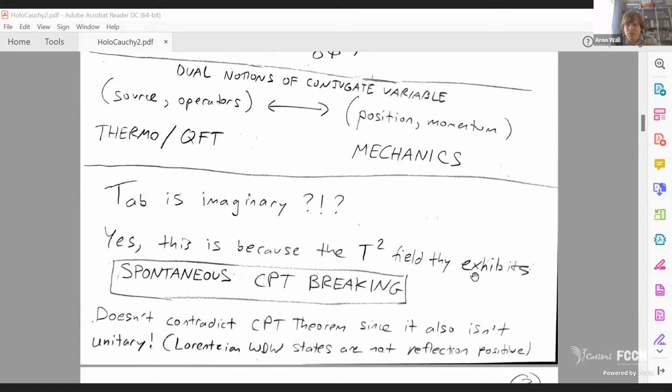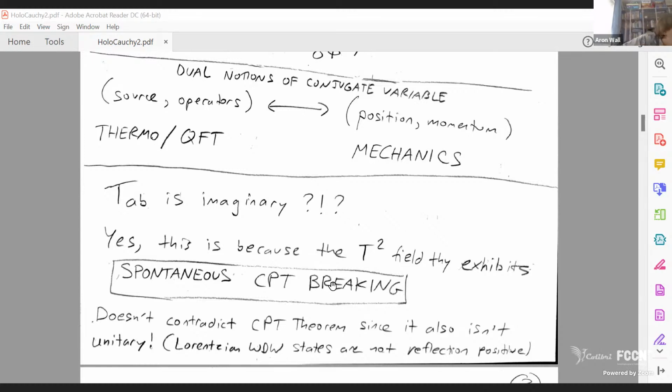It's because the T-squared field theory exhibits what I call spontaneous CPT breaking. That's a very exotic phenomenon because usually unitarity and Lorentz invariance prevents you from breaking CPT symmetry even spontaneously.